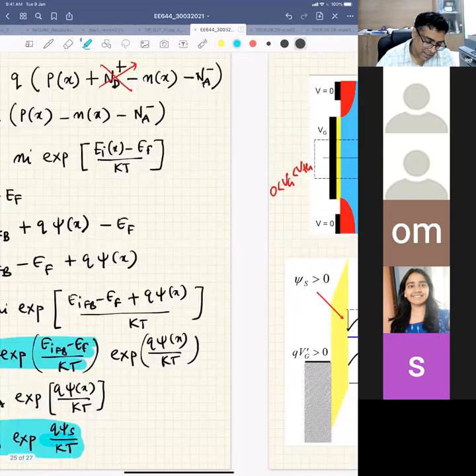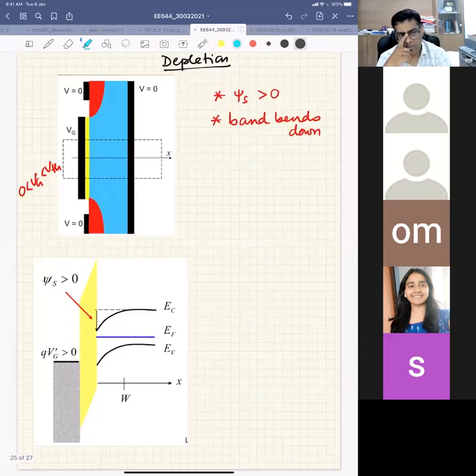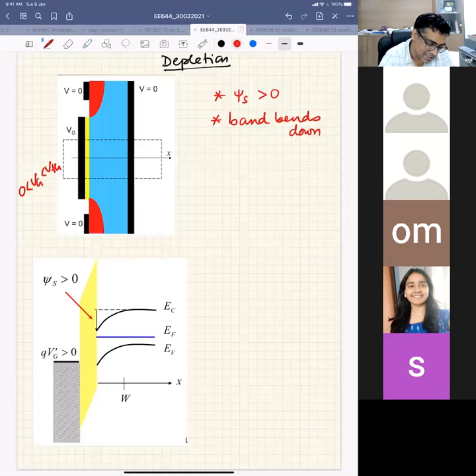The next is depletion. Depletion we have already discussed. In this case, your gate voltage is somewhere between 0 and threshold voltage, so the surface has not inverted properly.